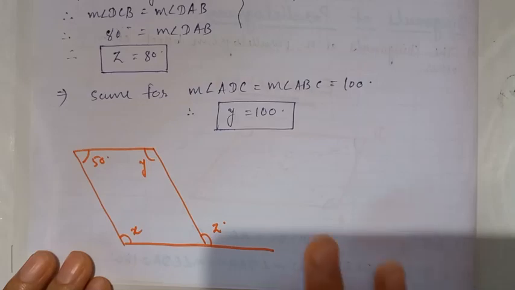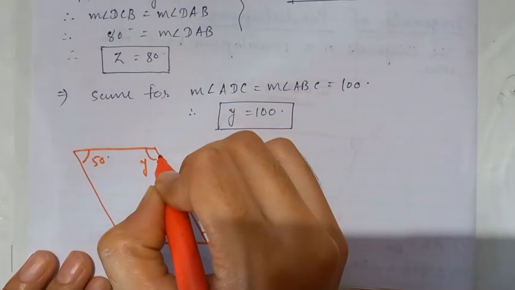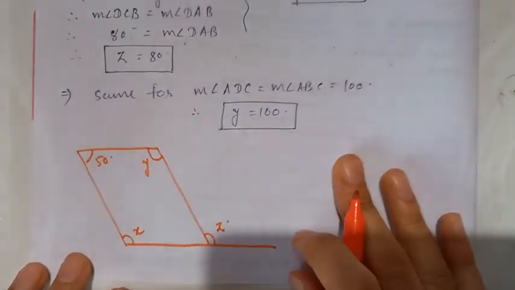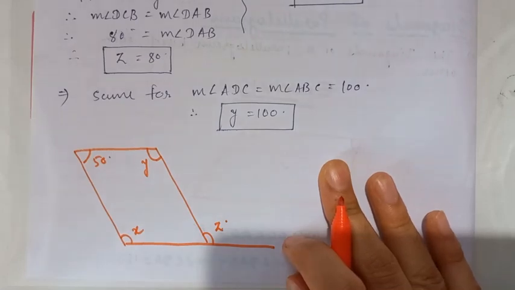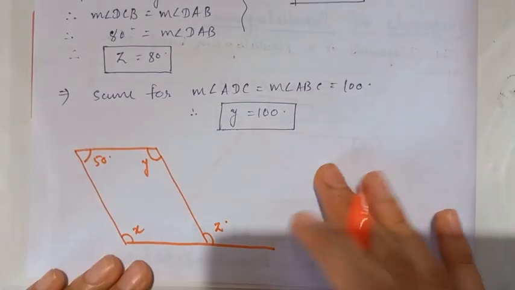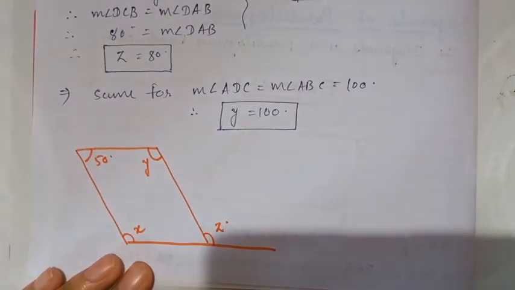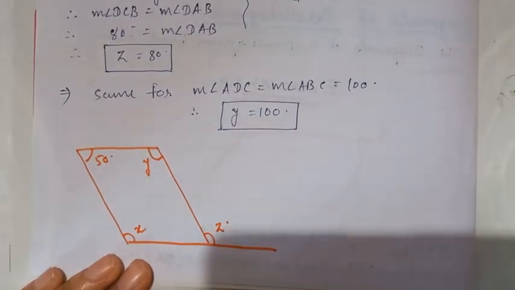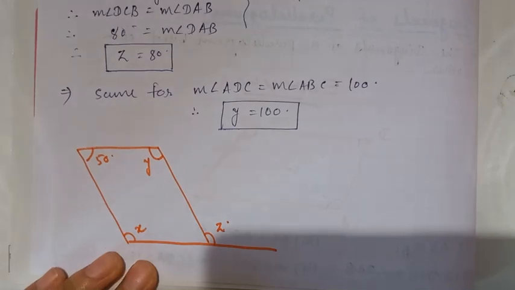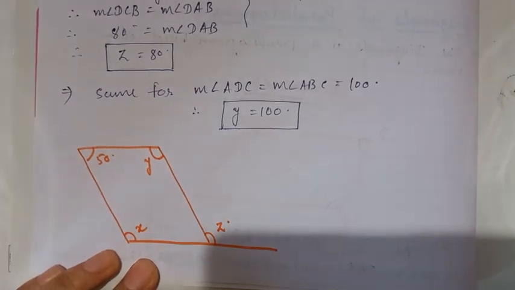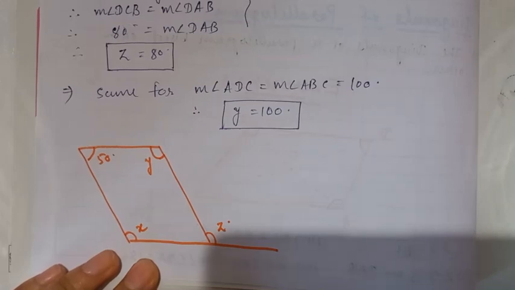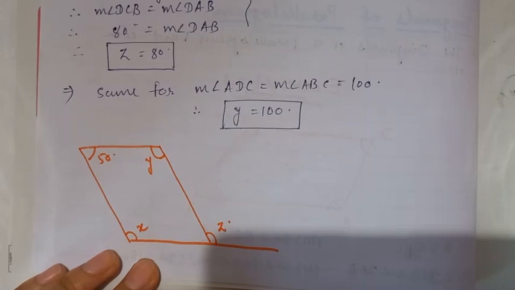Okay, so we have to find x, y and z. Again, same as question number 1, we will use the properties of parallelogram, and we are given that all the diagrams are parallelograms. We are finding the measure of angles, so we will use only two properties, one for adjacent angles and one for opposite angles. Opposite angles are equal in a parallelogram and adjacent angles are supplementary in a parallelogram.